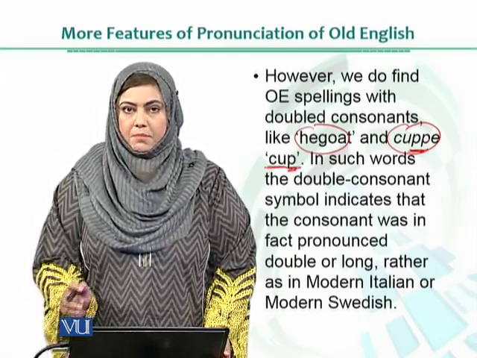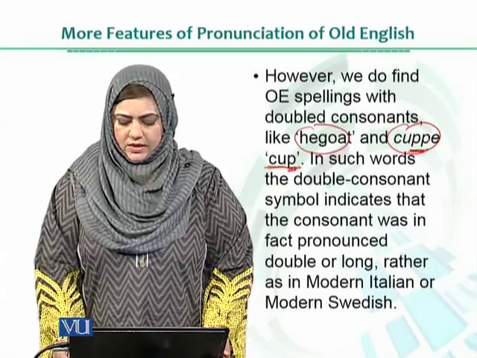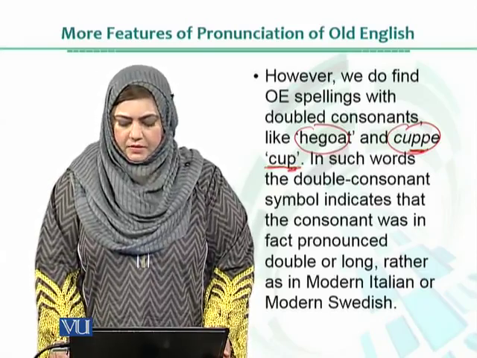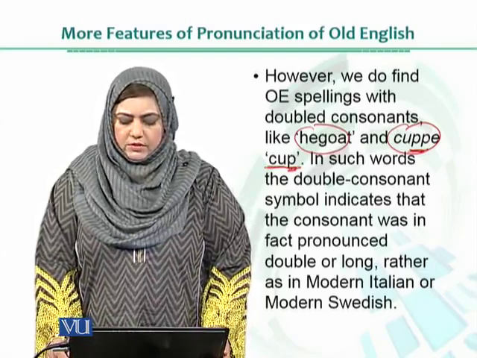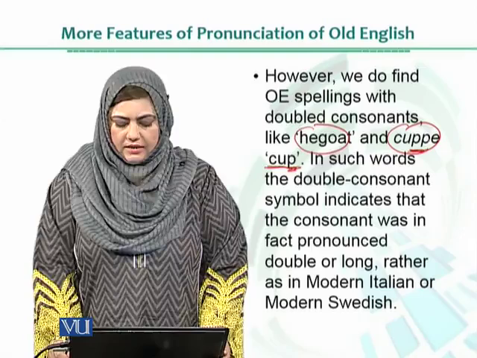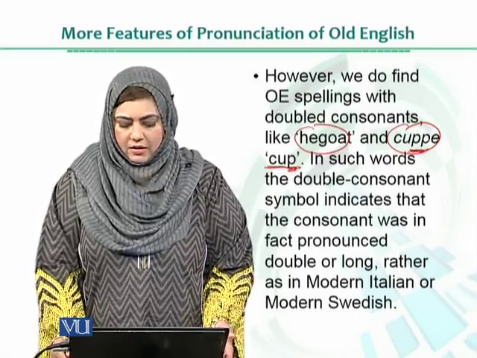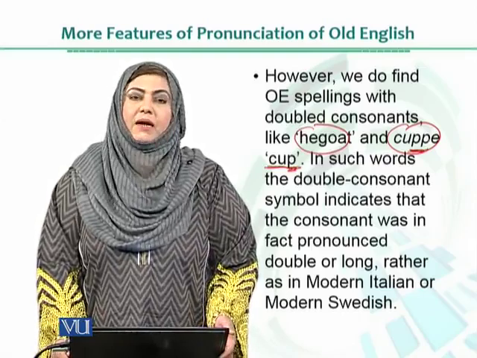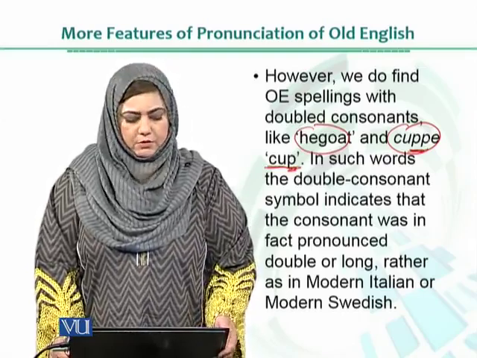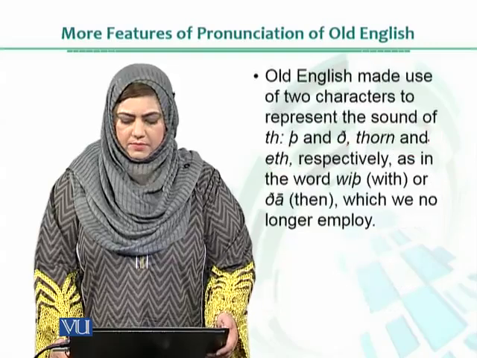Cup. P is pronounced with stress and doubled. So the consonant was in fact pronounced double or long, rather as it happens now in modern Italian or modern Swedish. But English has lost this particular feature over the years.